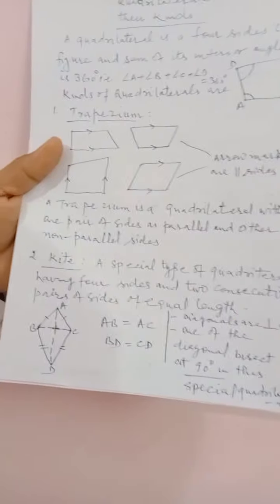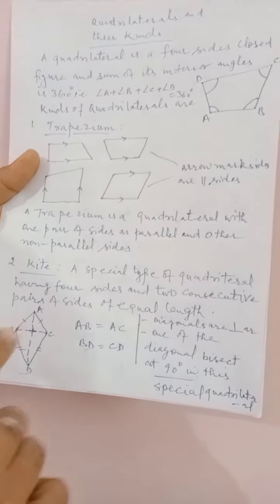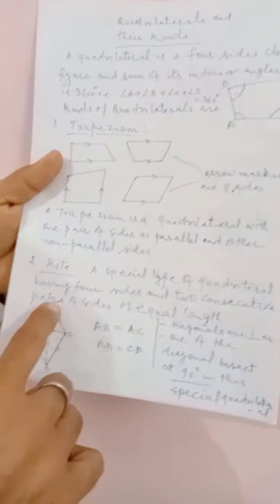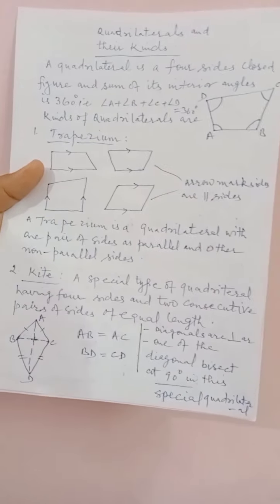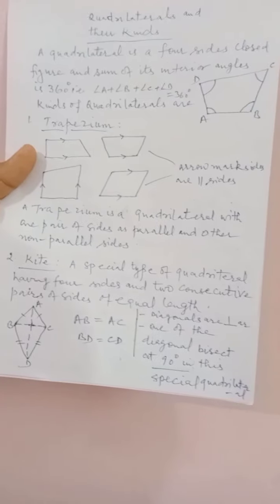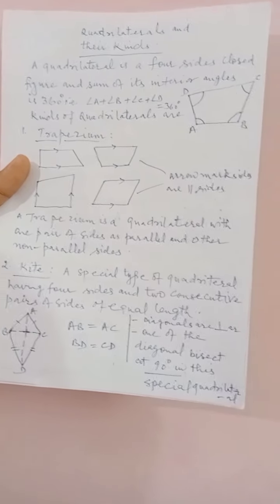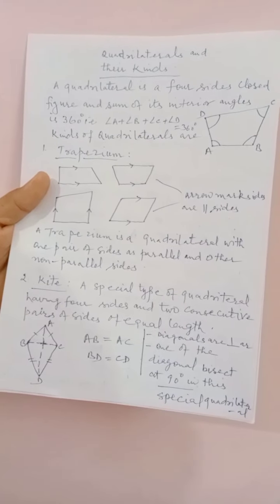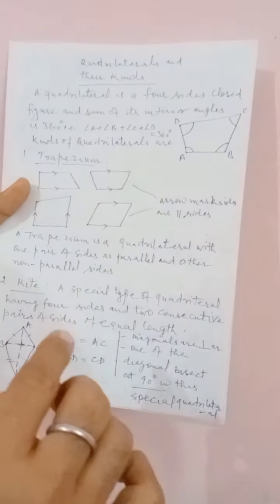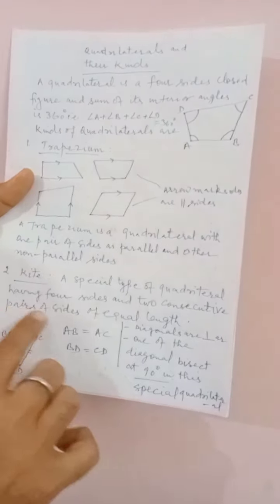Now the second kind is a kite. Now see this figure A, B, C, D. You might have seen a kite. It is the same form as a kite here. It is a special type of quadrilateral having four sides and two consecutive pairs of equal sides.